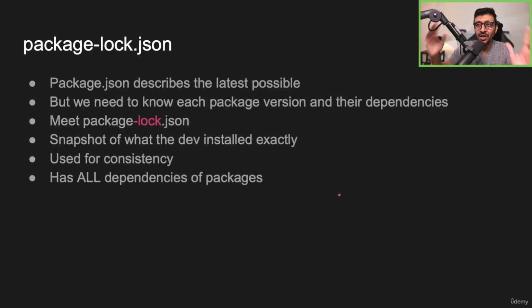Meet package-lock.json. This is a very critical file. And it's a terrible name. The first time I saw this, maybe 7 years ago, when I saw the lock file, I thought, because I come from databases, right? I thought, hey, someone is locking this file because someone is reading it.